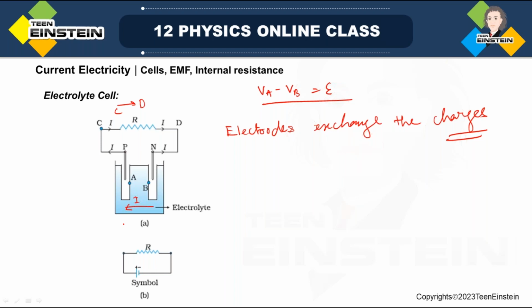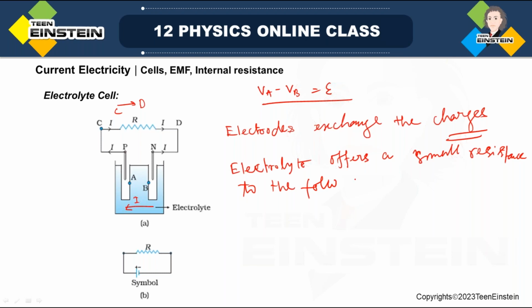And as you know, since current is flowing through the electrolyte, the electrolyte also will offer a small resistance to the flow of electric current inside the electrolyte.